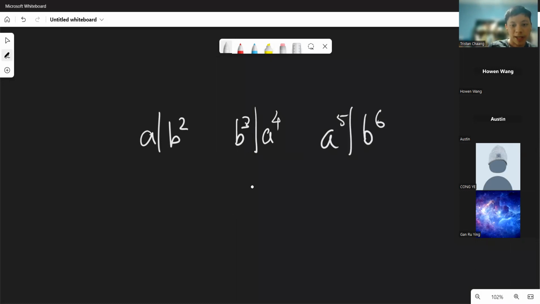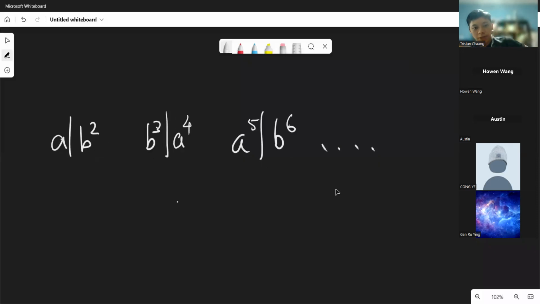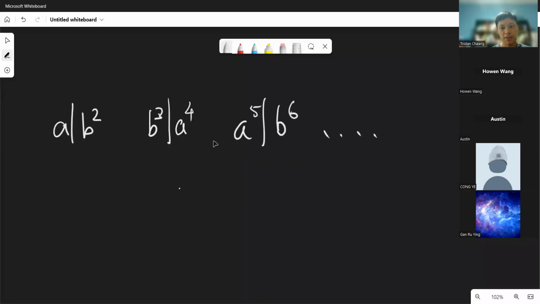So you want to prove that a equals b. So what can we do here? How can you translate these conditions into vp or something?